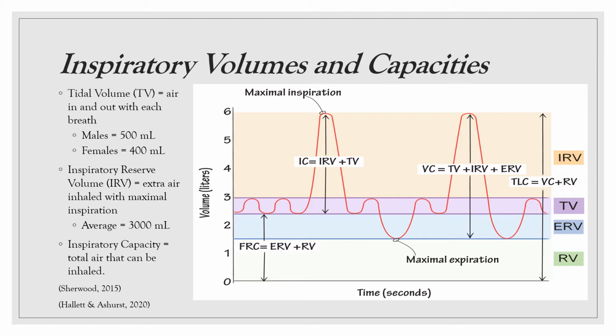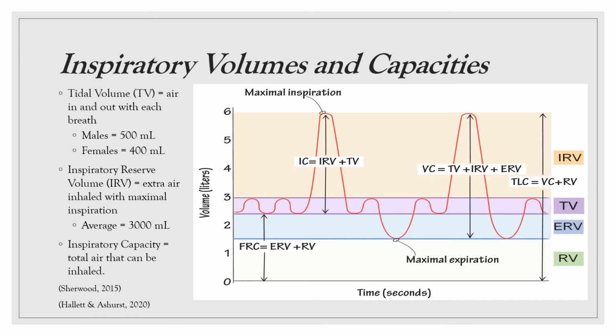It also plays an important role in the calculation of minute ventilation, which is the volume of gas exchanged per minute and is calculated by multiplying the tidal volume by the respiratory rate. The average tidal volume in a healthy male individual is 500 milliliters. This number is slightly smaller in females, measuring approximately 400 milliliters.